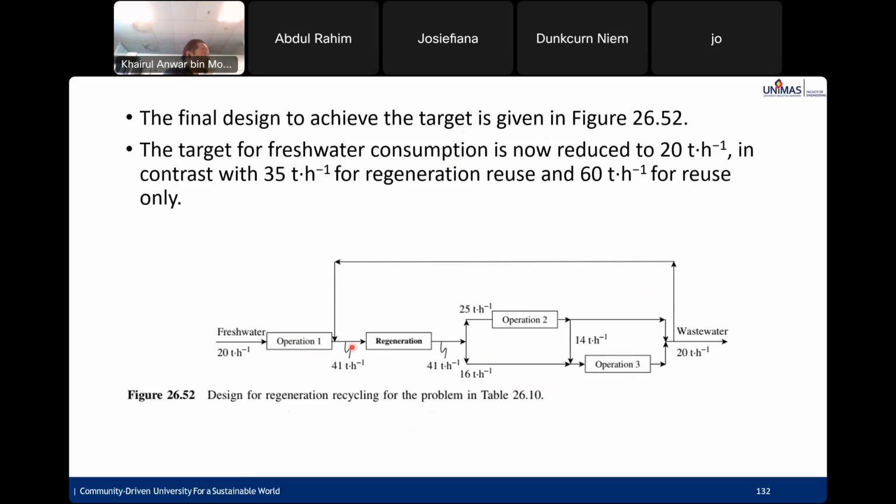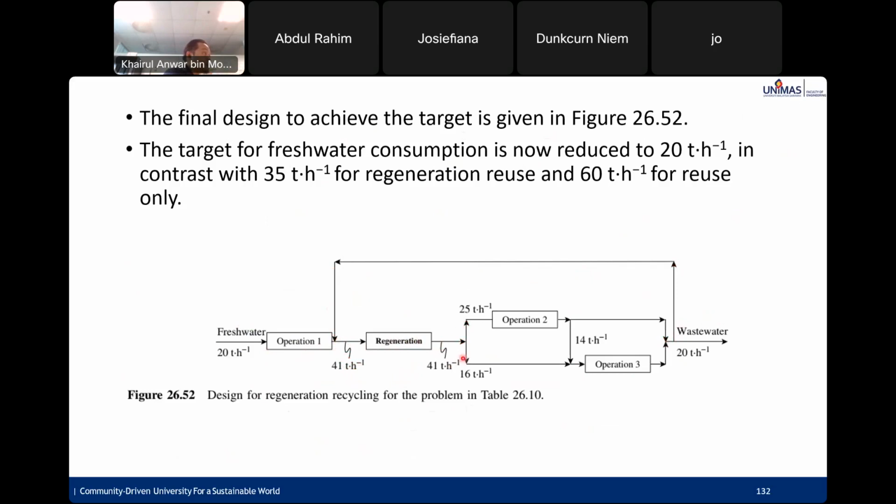First operation 1, then regeneration from here, then recycling. The recycle is 21.